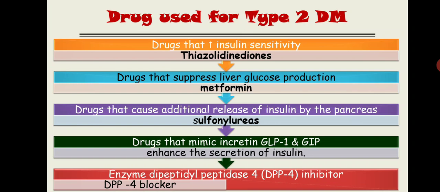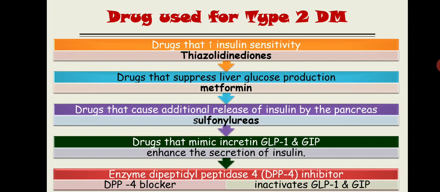It inactivates GLP-1 and GIP. You know already that GLP-1 and GIP are incretins. If they are inactivated fast, then the secretory action on insulin will be less. So what does this DPP4 blocker do? It blocks the enzyme DPP4 and makes sure that the availability of GLP-1 and GIP is more.